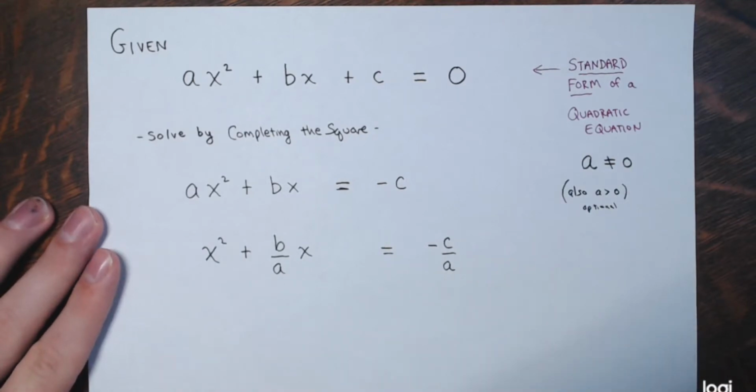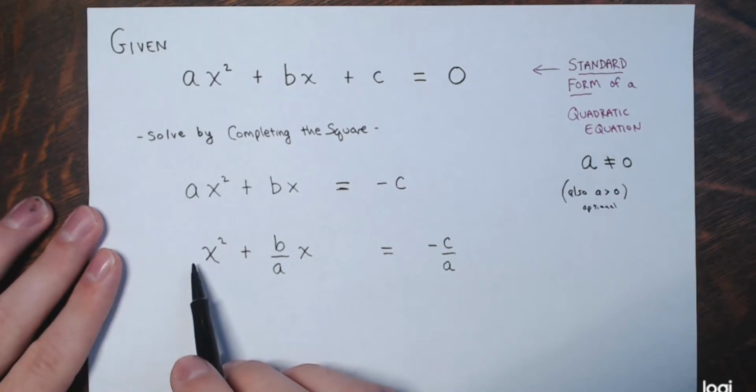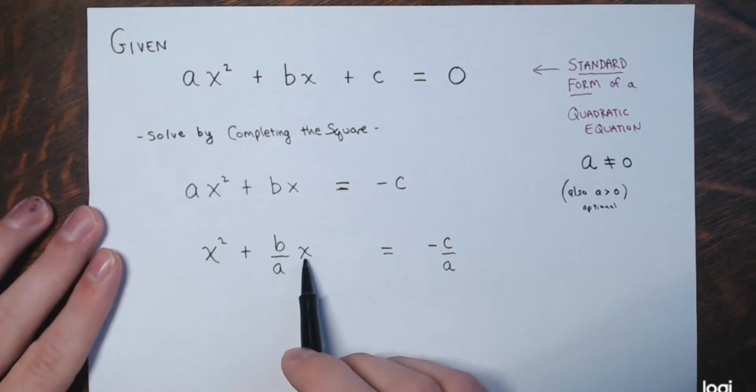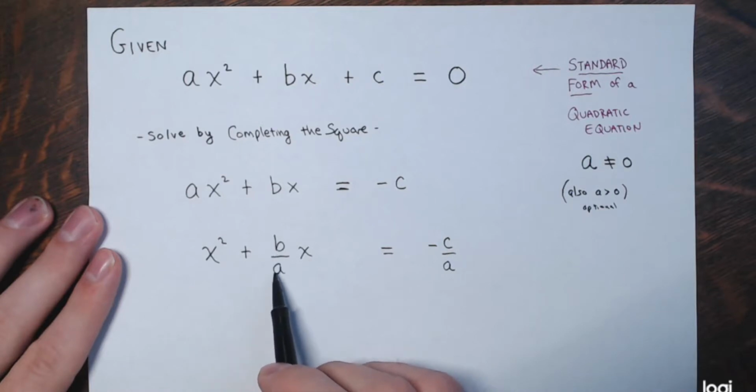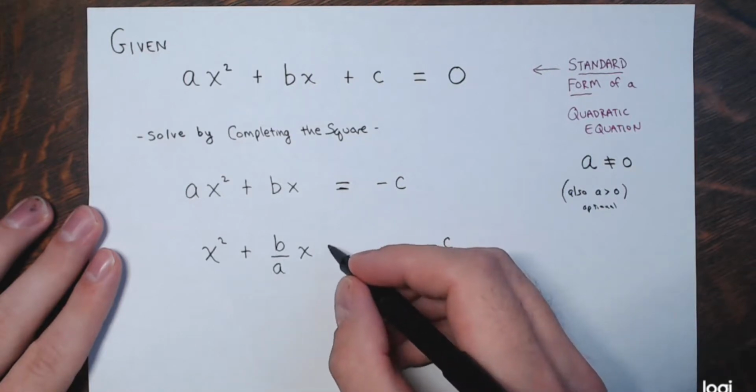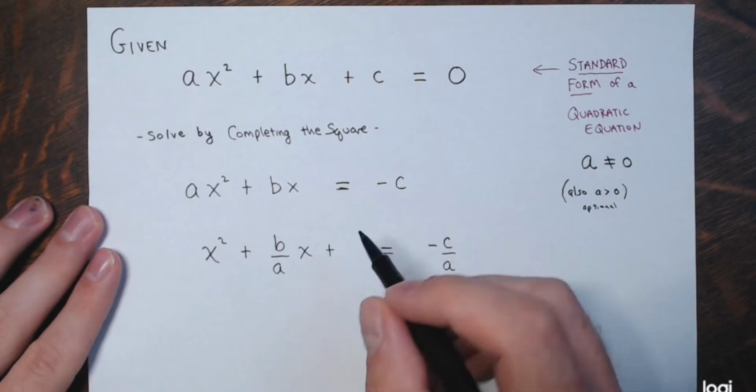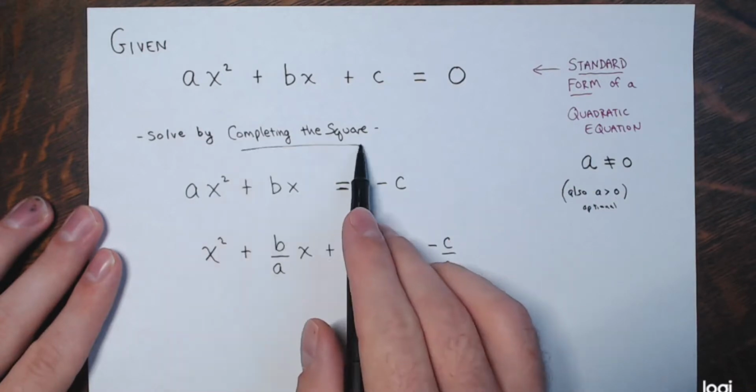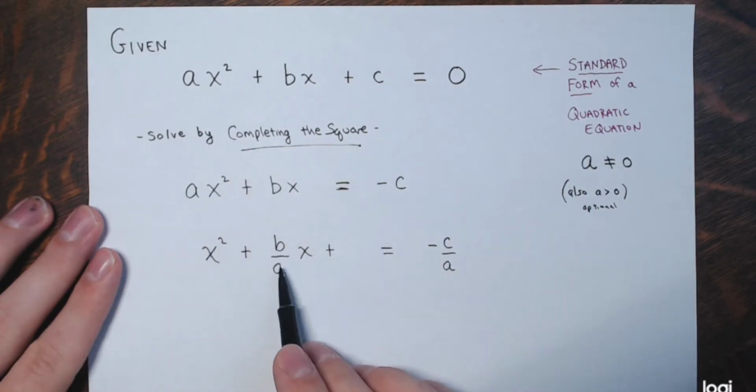Now comes the completing the square part. We have a quadratic term with a coefficient of 1, and we have a linear term with a coefficient of b over a. Remember what gets added when completing the square. Take half the linear coefficient, which would be b over 2a, and then square it.